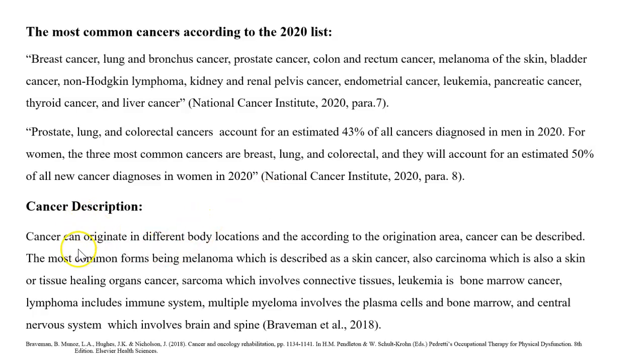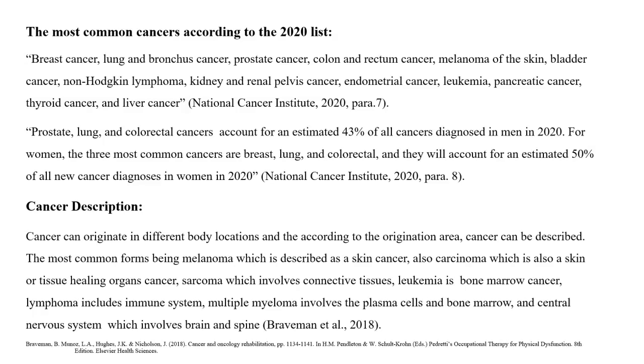Now, a little bit of cancer description. Cancer originates in different body locations, and according to the area of origination, cancer can be described. The most common form is melanoma, which is described as a skin cancer. Also carcinoma, which is a skin or tissue-lining organ cancer.